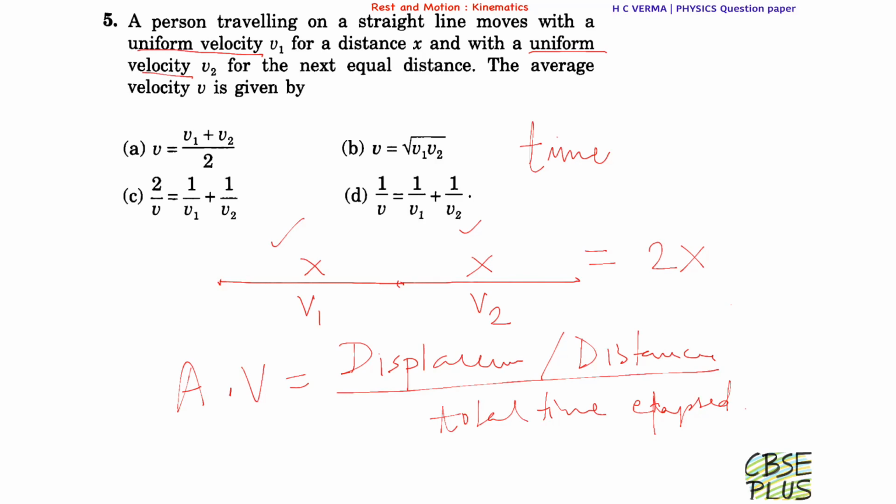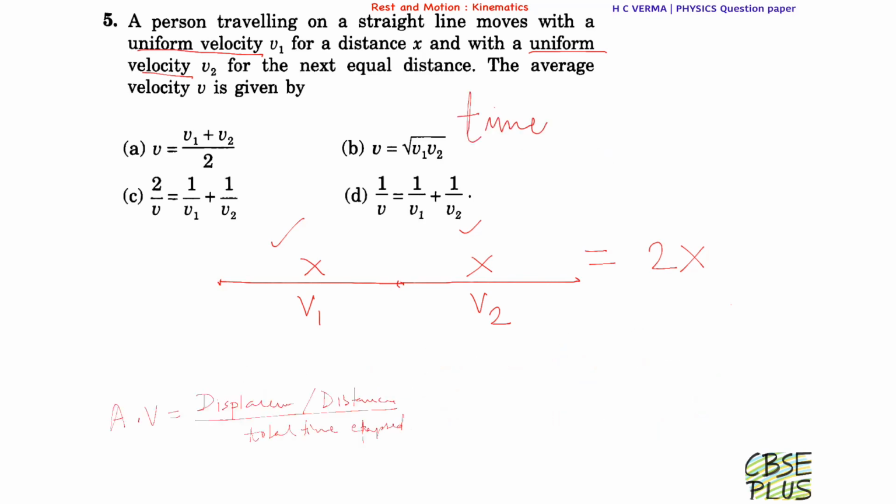Now, time elapsed is one important question here. To find the time elapsed, we will simply divide the distance by the velocity. So distance is x and velocity is v1. We know from the formula that time is equal to distance upon speed.